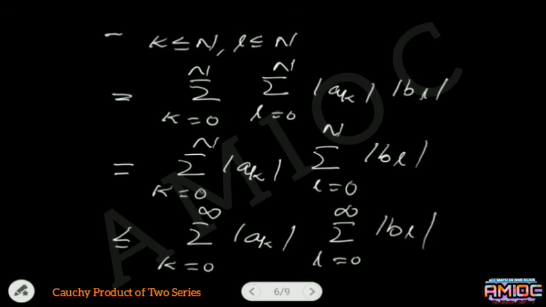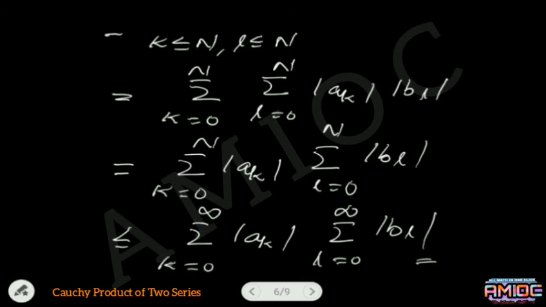Here we are taking summation from 0 to n, and here we are taking summation from 0 to infinity. Therefore, this contains more terms than this expression. Therefore, this will be less than or equal to summation k equal to 0 to infinity mod ak and summation l equal to 0 to infinity mod bl. And also we have known that the series ak is absolutely convergent and the series bl is absolutely convergent.